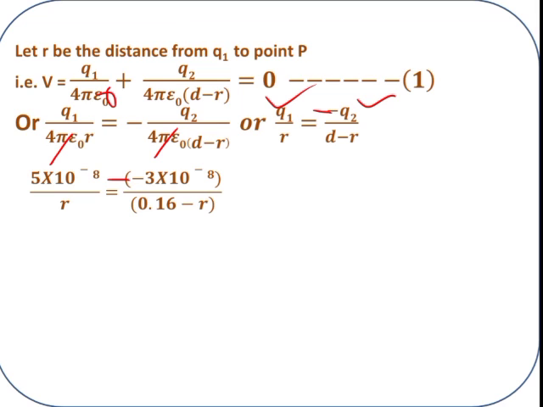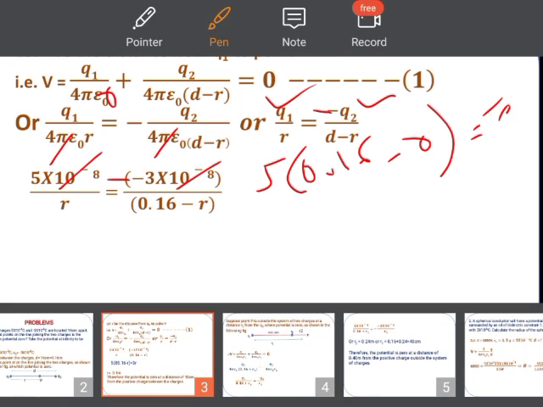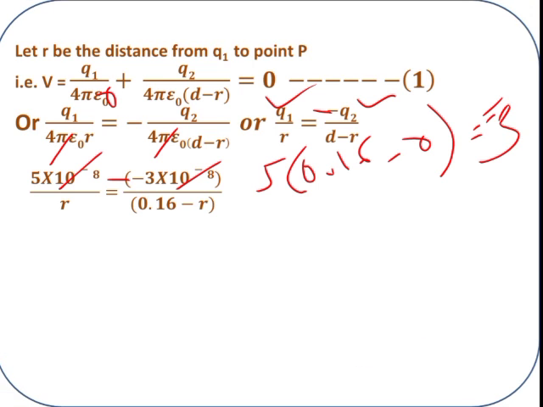Then 10 raised to minus 8 cancels, and cross multiplying, 5 into (0.16 minus R) is equal to 3R.